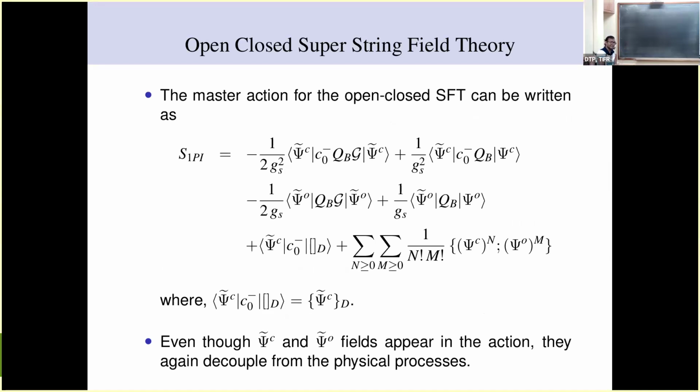Yeah, here it will play a part, provided you are not considering processes like the D-brane with a closed string insertion, the open-closed kind. All these processes will be relevant for the open-closed kind.